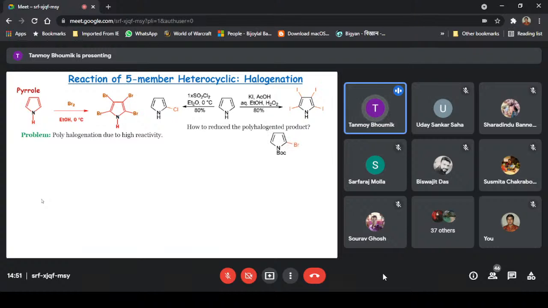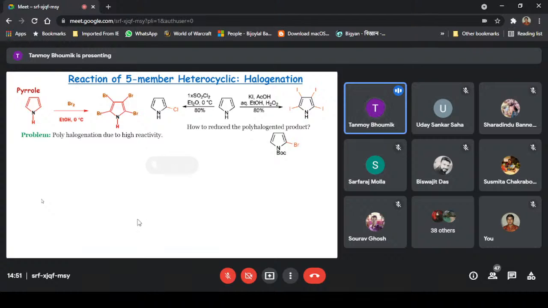The reduction is done by putting a Boc substituent on the nitrogen, so it can reduce the electron density on the nitrogen, and whenever the electron density of the nitrogen reduces, it reduces the flow of electrons into this 5-member ring. As a result the reactivity decreases, and that's why the polyhalogenated product will be reduced.